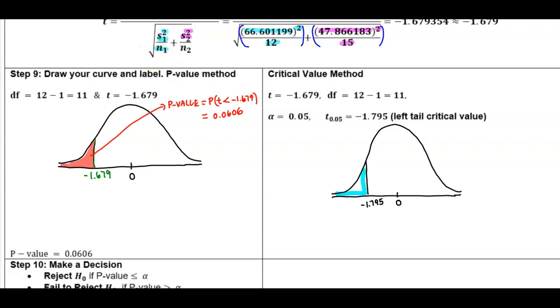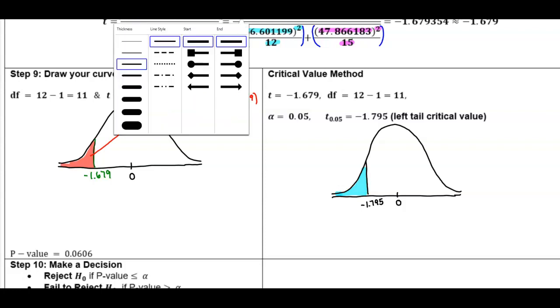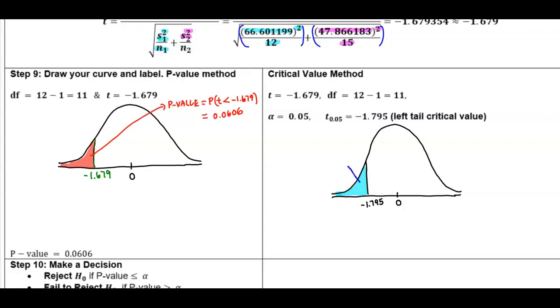This represents the critical region. Now we need to look at the test statistic, which is negative 1.679. It's not in the critical region. It's over here on the right side.